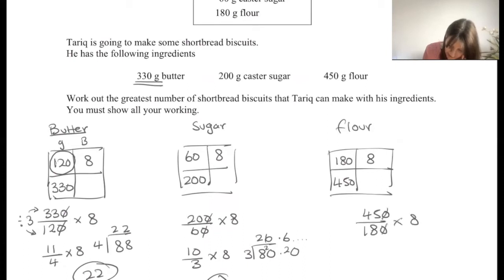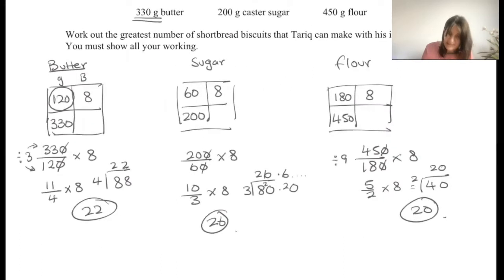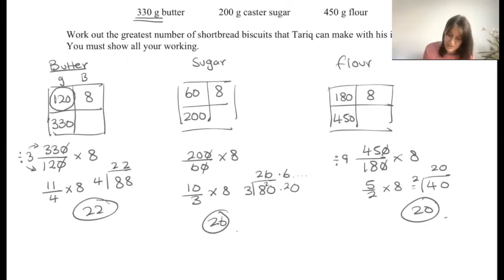And we start doing our cancelling. This can cancel by 9. They're both in the 9 times table, which is going to give me 5 over 2. 8 5s are 40. Divide that through by 2. And I've got 20. So the maximum number of biscuits that I will be able to make is 20.